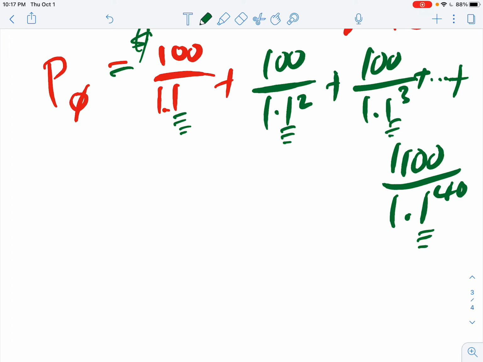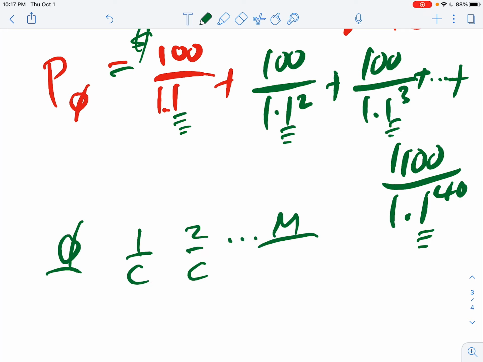And 1 period prior to the first cash flow would be date 0, right? Because at date 0, we make the investment, and at date 1, we get a coupon payment, at date 2, coupon payment, and at the maturity date, we get the coupon payment plus 1,000.